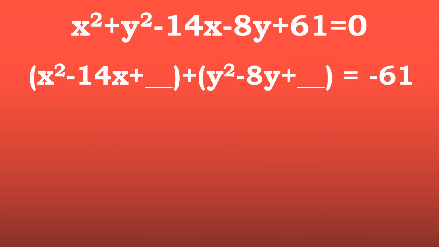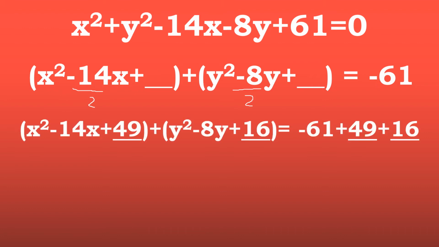So, yung negative 14 natin dito, divide by 2, makukuha natin negative 7, square nyo, lalabas si 49. Si negative 8 dito, divide this by 2, negative 4 yung lalabas, square that, it will give us 16. So, lahat ng in-add nyo, 49, 16, i-add natin kay negative 61 dito sa side na to.